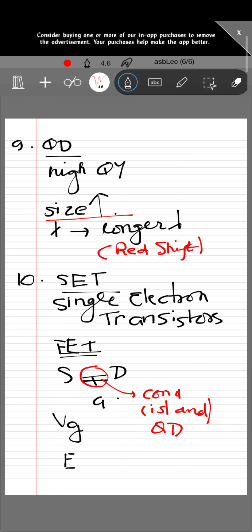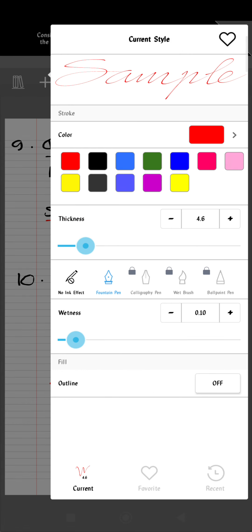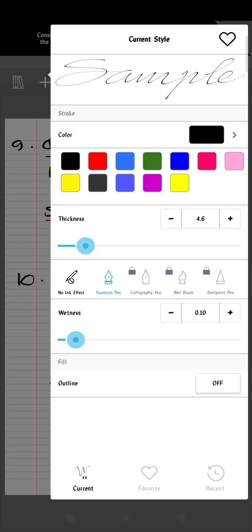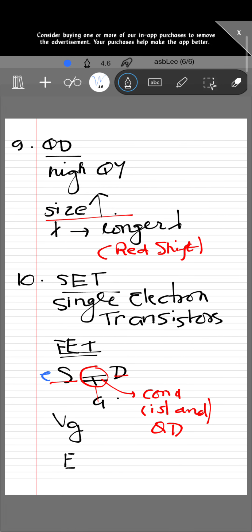What this fabrication will do is make the electrons move from source to the drain and further.